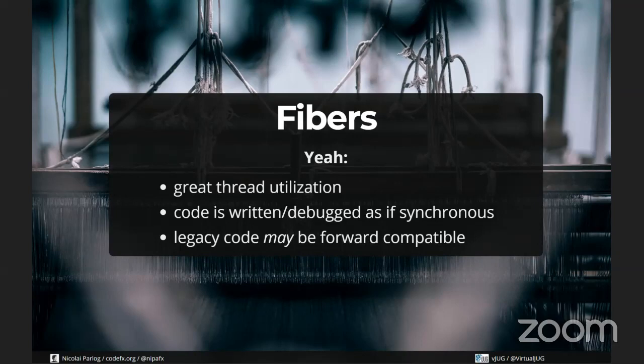And if everything goes the way that the Project Loom team plans this, then ideally legacy code is compatible. That means ideally Tomcat, for example, would just have a small flag where you say, look, don't give my application threads, give my application fibers.